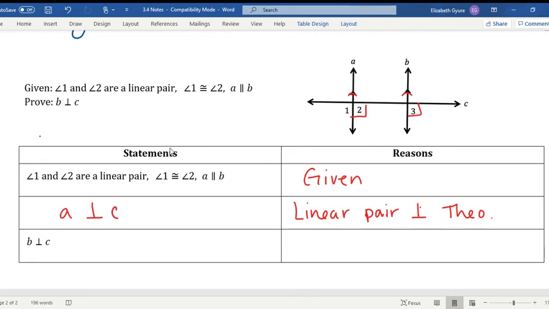Okay, sorry about that. Line A is perpendicular to C, and if A is perpendicular to C, can we then say B is perpendicular to C? Yes, and that is our perpendicular transversal theorem. If it's perpendicular to one, then it's perpendicular to the other. And then we're done with that one.